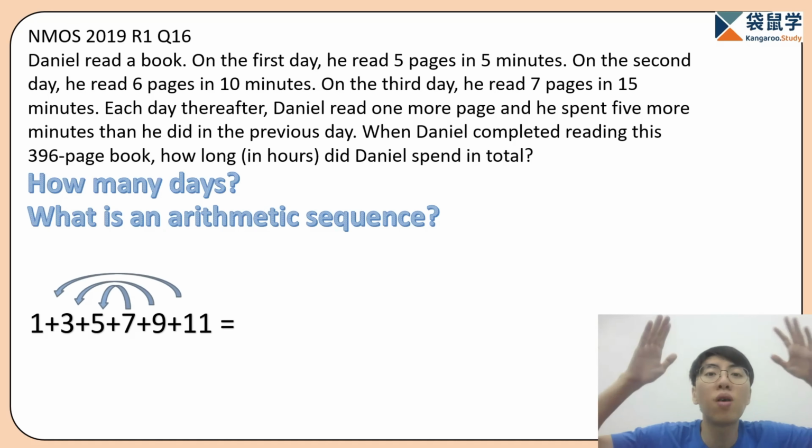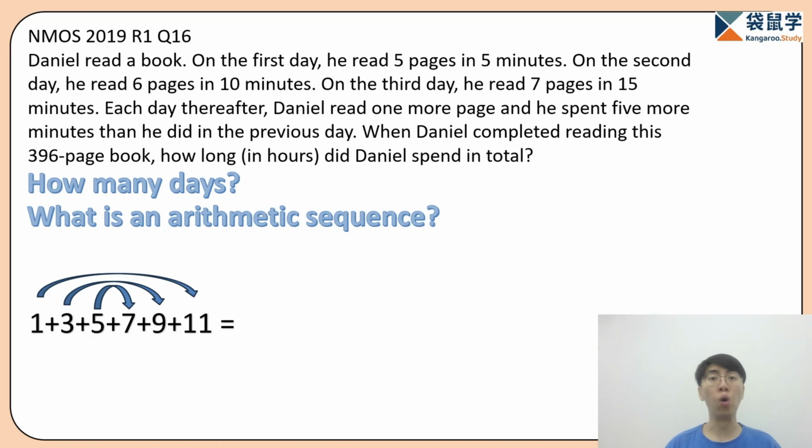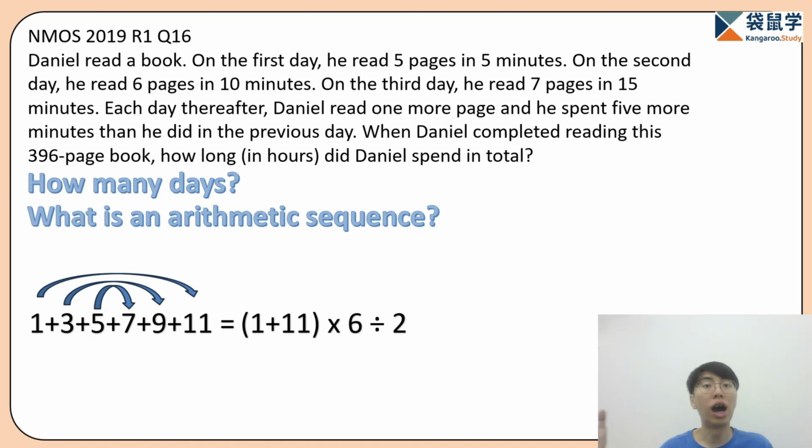So, if we pair them up 2 by 2, we see that they always get back to the same number. So essentially for this question, I can just take the first plus the last number, multiply by how many pairs there are, which is 3. And my final answer is just 36.